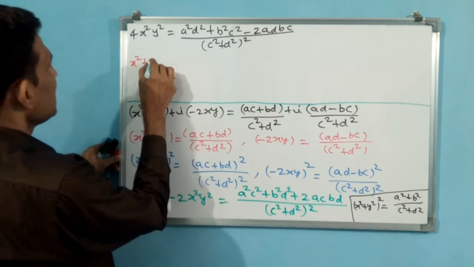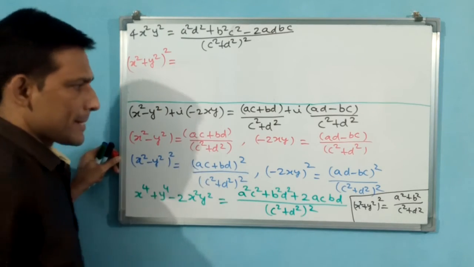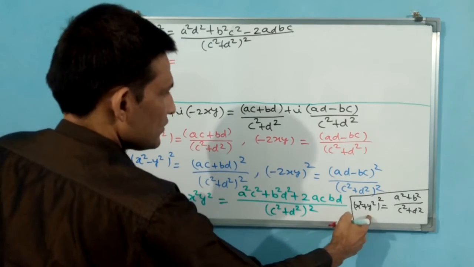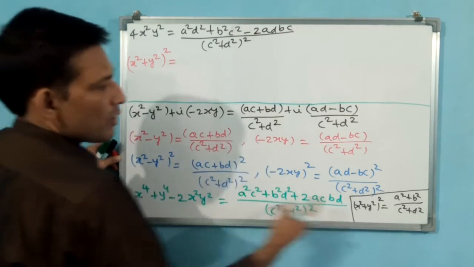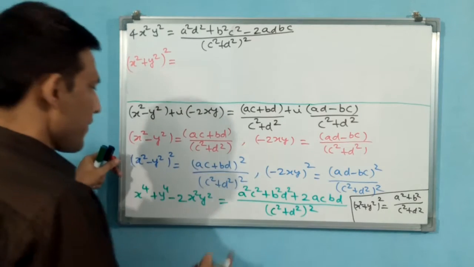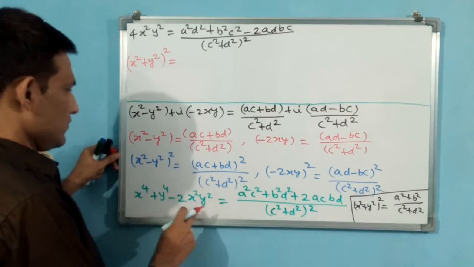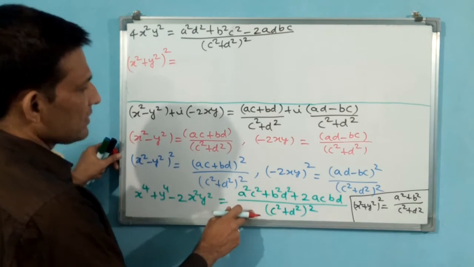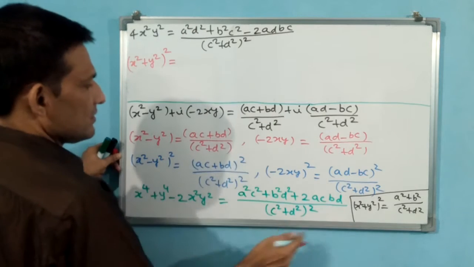x square plus y square whole square is equal to, and I am going to add these two, but finally this has to come, RHS. First write this one, a square c square, or else you copy this and add this.